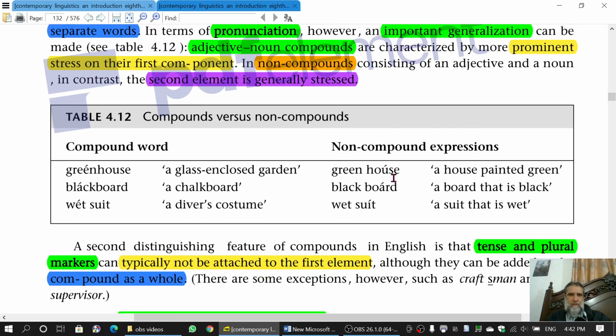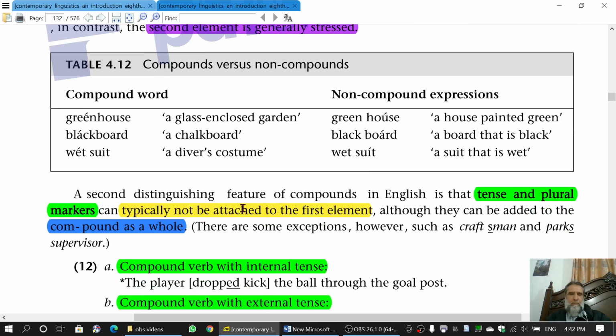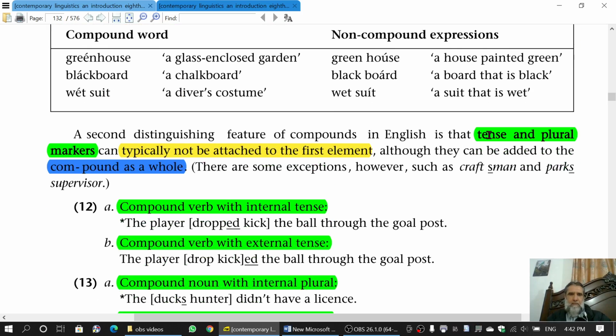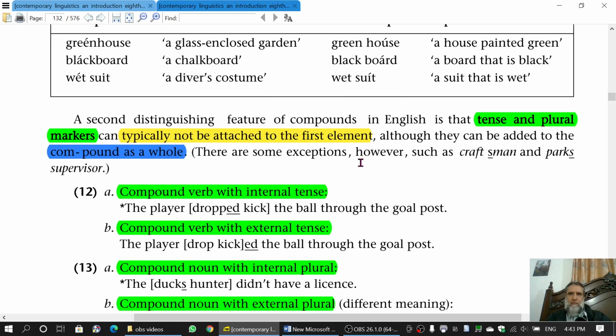The next is the tense and the plural marker. Tense marker refers to the fact that sometimes we use S with third person singular, for example, that is the tense marker. And also the present tense, past tense, for example, we have ed, which marks the tense of the word.